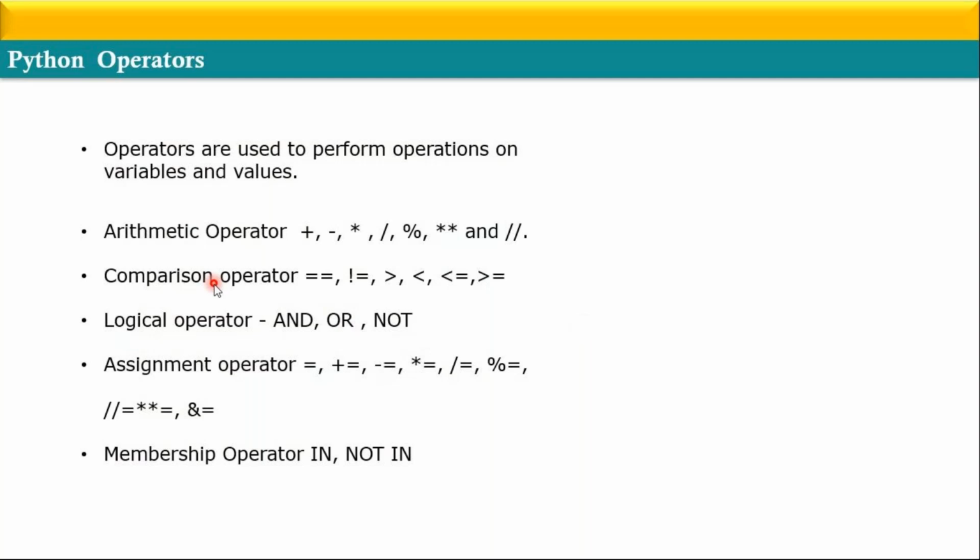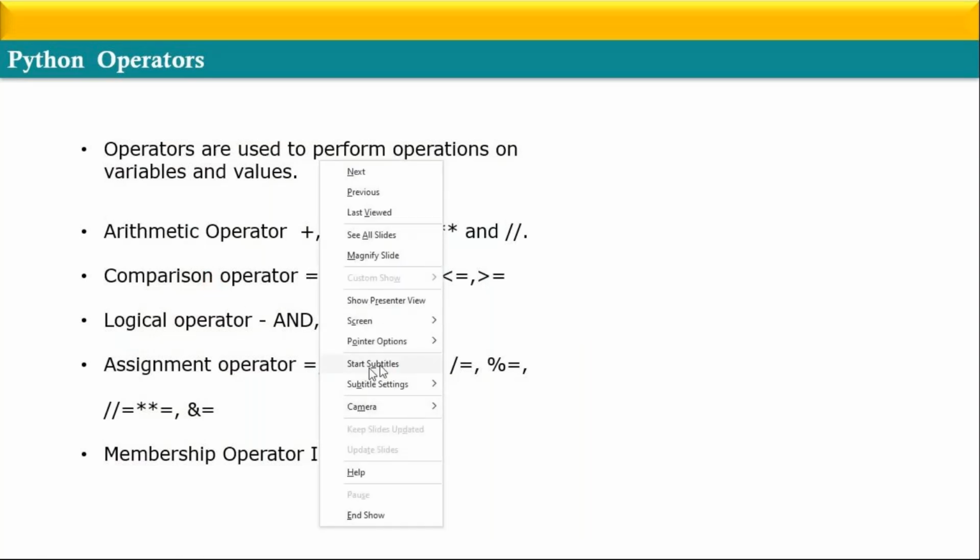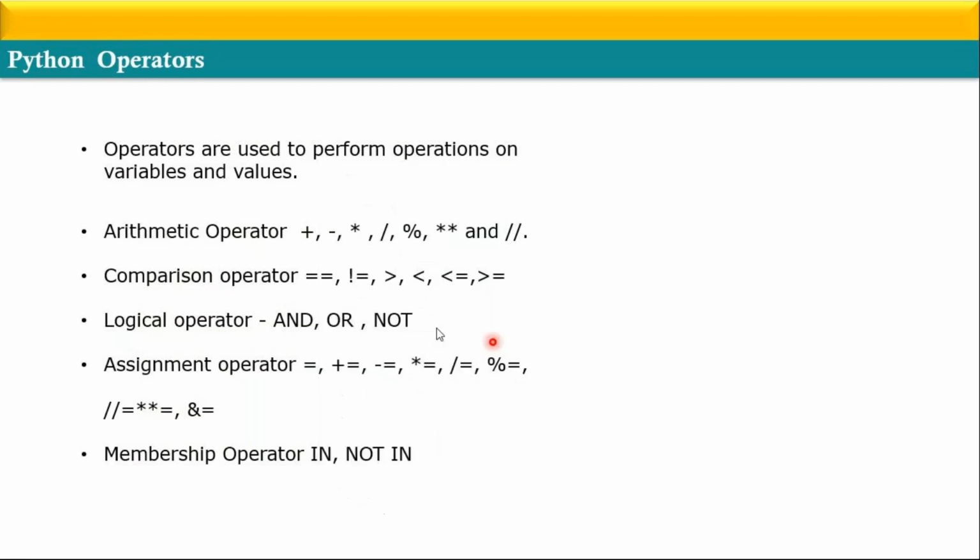We are going through those operators. Just have a look and try to perform the operations. Probably you have joined with your laptop. Arithmetic operators are plus, minus, multiplication, division, modulus. Comparison operators, which I already told you. Logical: and, or, not.